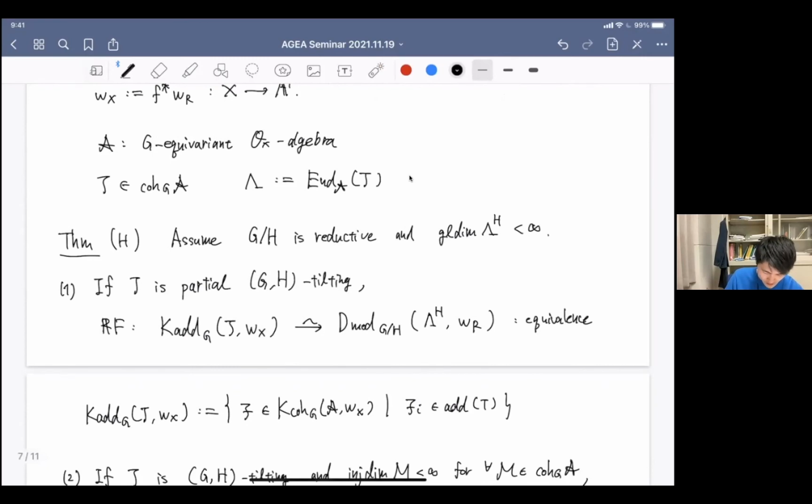And here, K add GT WX is defined to be a subcategory of the homotopy category consisting of factorizations F, such that each Fi is in add T. Namely, the subcategory of direct sums of T.